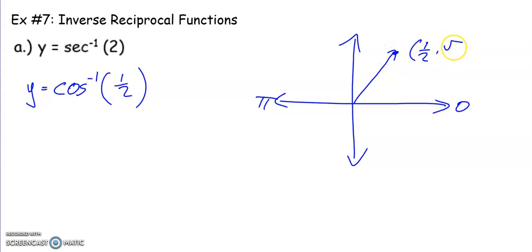We're at 1/2, radical 3 over 2, and I'm only interested in this value. Cosine goes to secant, and that is going to happen at pi over 3.